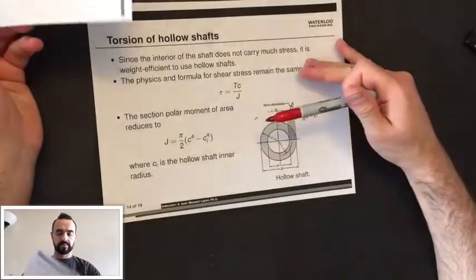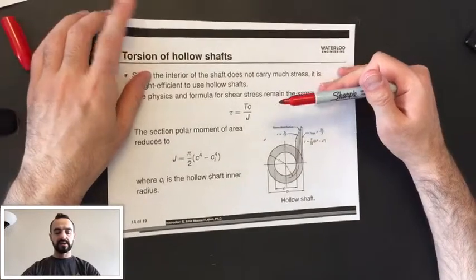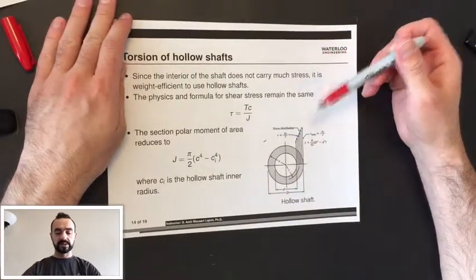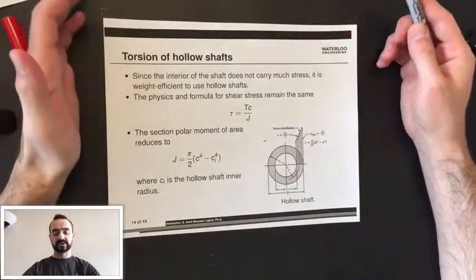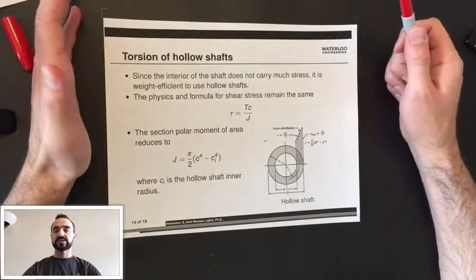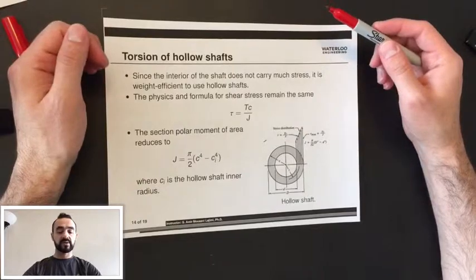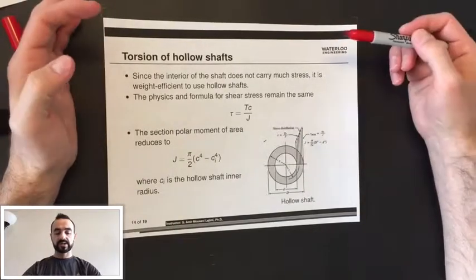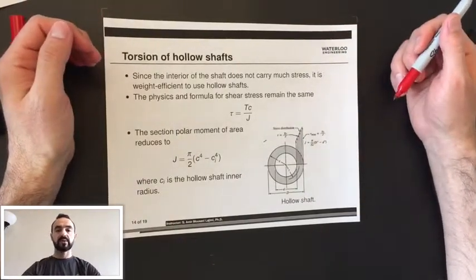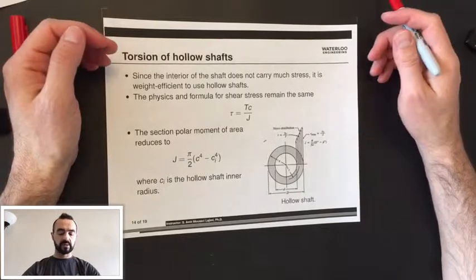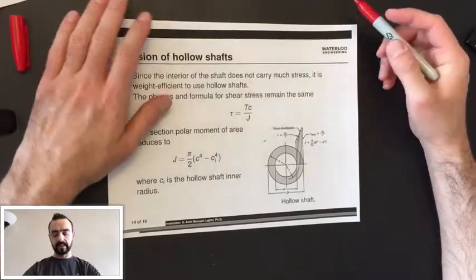And the last thing we want to talk about today is torsion of hollow shafts. It is advantageous, at least in terms of weight, to use a hollow shaft, because we are going to save material and have a lighter mechanical or machine element.